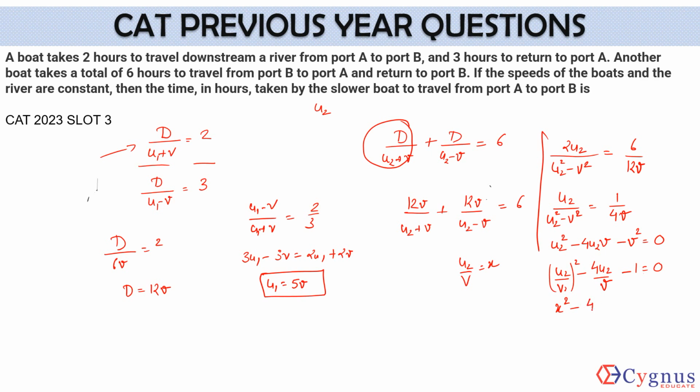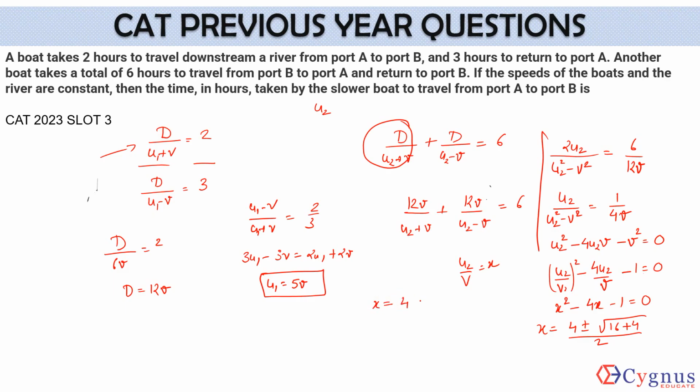X squared minus 4X minus 1 equals 0. I'll take the positive root from here. X is equal to minus B, that is 4, plus minus root of B square, that is 16, minus 4AC, divided by 2A, that is 2. So we get two values of X from here. One is positive and the other one is what? Negative. I'll take the positive one.